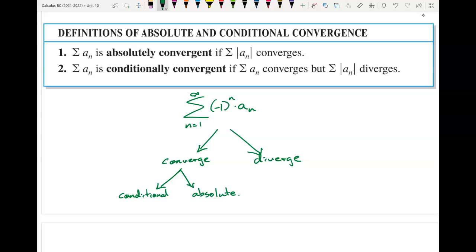But again, this is only with alternating series that have both positive and negative values. All the rest of the series that we've looked at that are not alternating are just going to be as normal, either converging or diverging. Okay? I'll let you get that down.